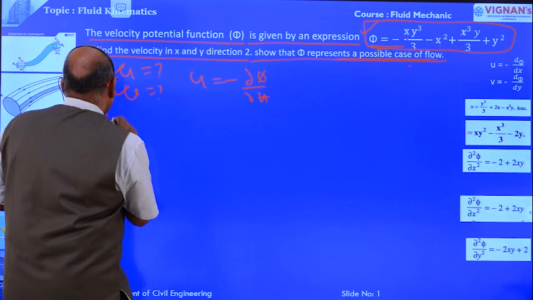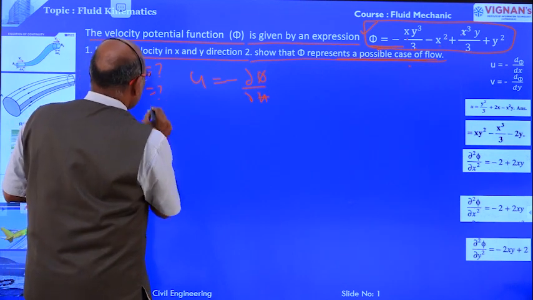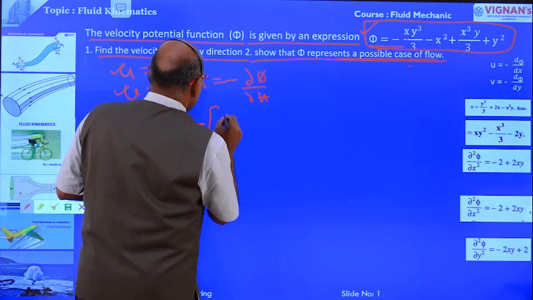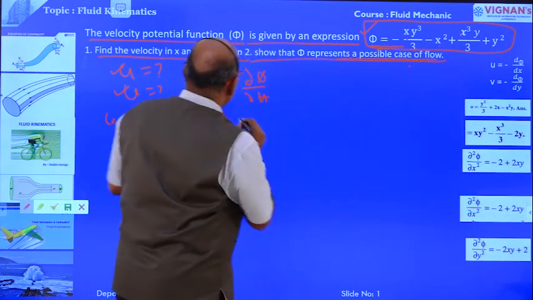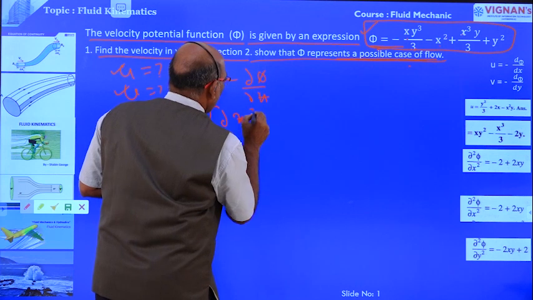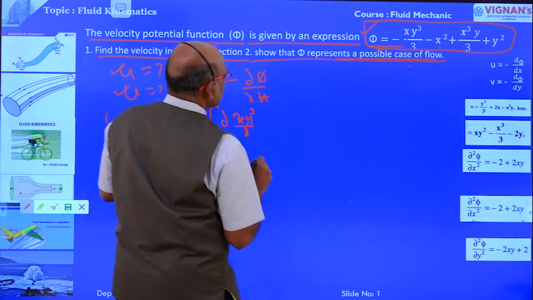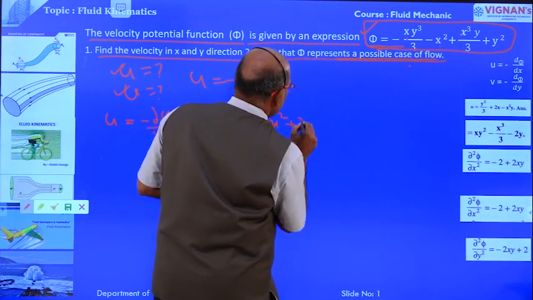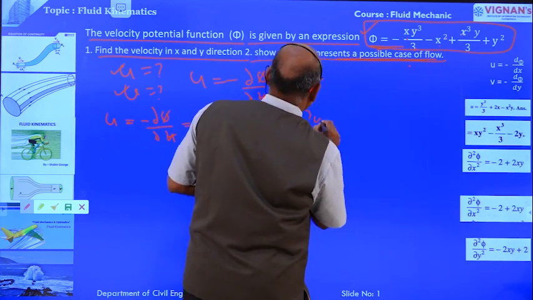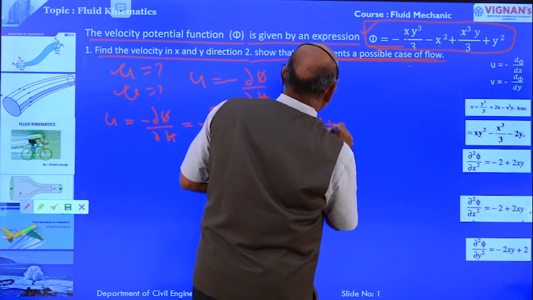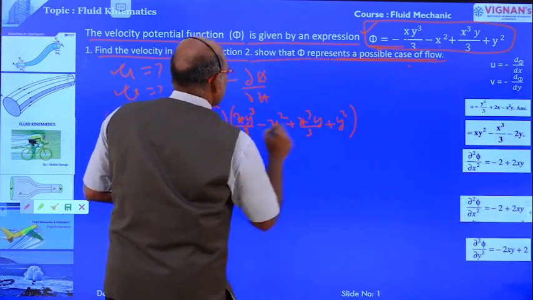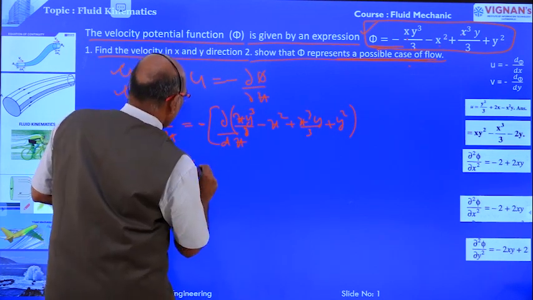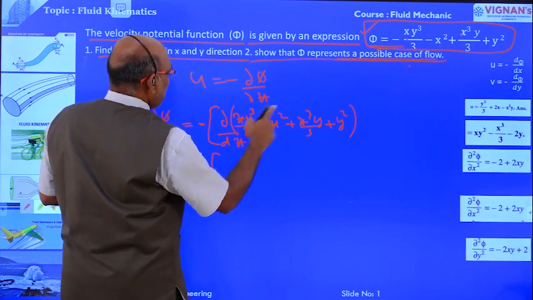Therefore, u is equal to minus dou phi by dou x, that is equal to minus of phi. The phi value is xy cube by 3 minus x square plus x cube y by 3 plus y square, differentiated with respect to x.